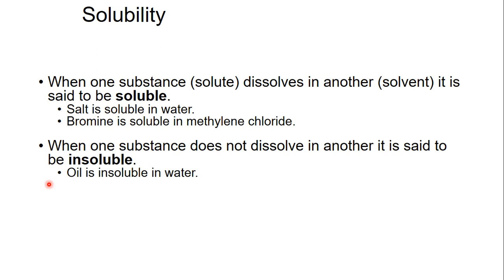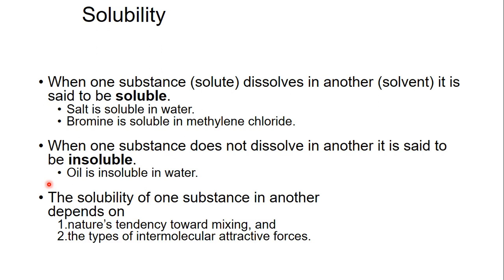For example, oil is insoluble in water. And the solubility depends on two things, really. One, nature's tendency to want things to be mixed, and two, the type of intermolecular attractive forces between the solvent, solute, solvent, solvent, and solute, solute.